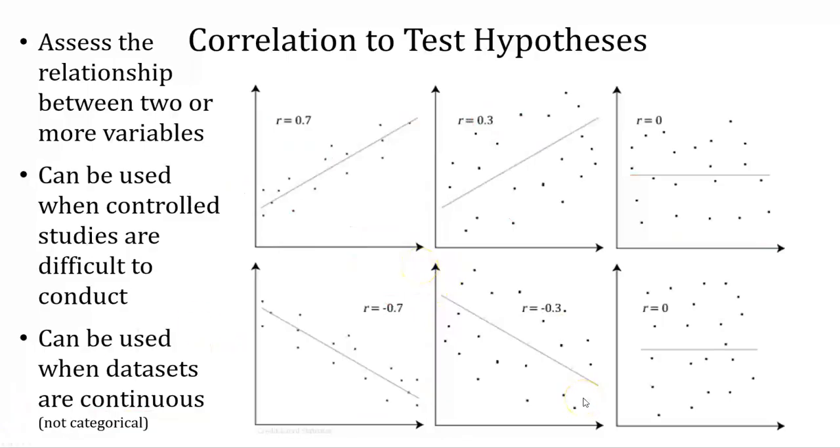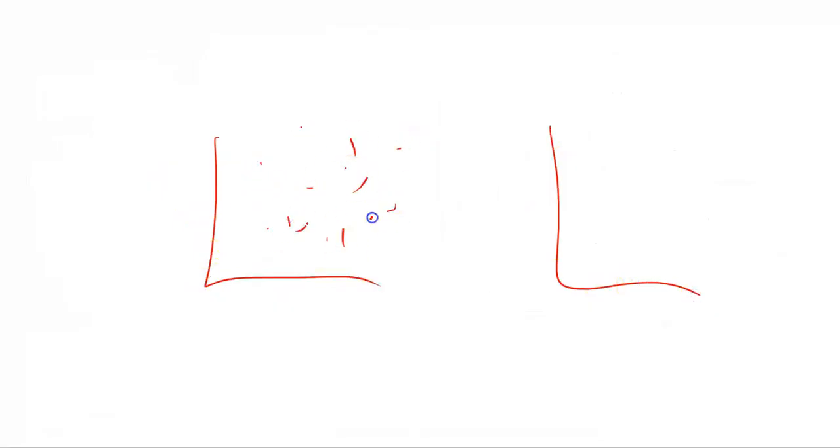Okay, so for the exam, if I put these figures up, could you tell me which one shows the higher correlation? Let's say I gave you two different examples here, and one looked kind of like this, and one looked like this.